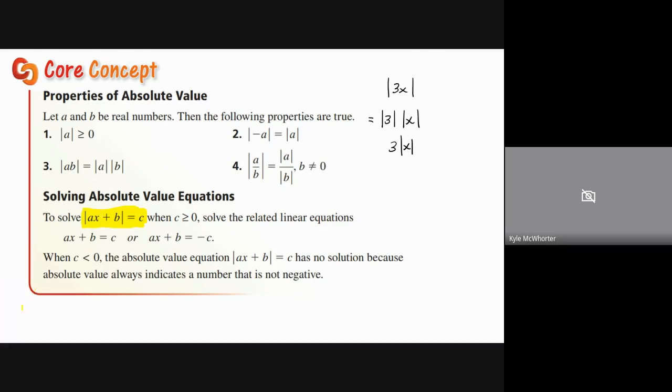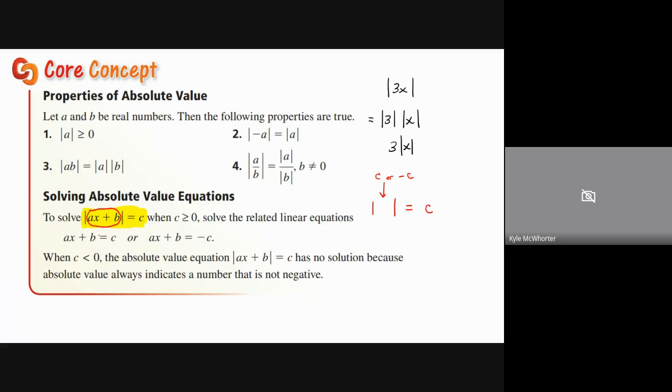So whatever is inside the absolute value, if you have an absolute value of something and it equals a number, there are only 2 numbers that whatever's in there could equal. It can equal c or it can be negative c.